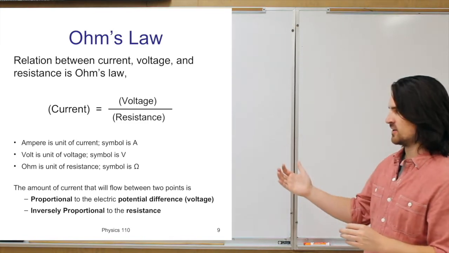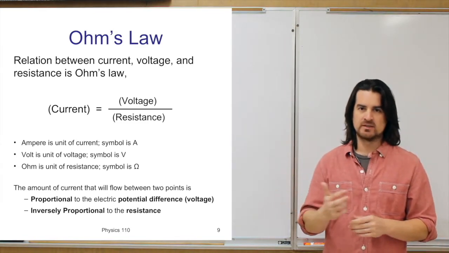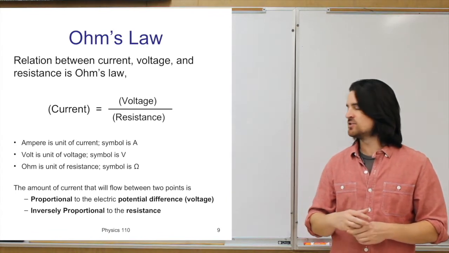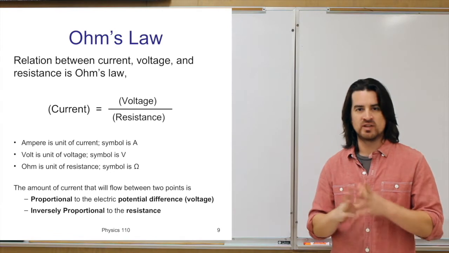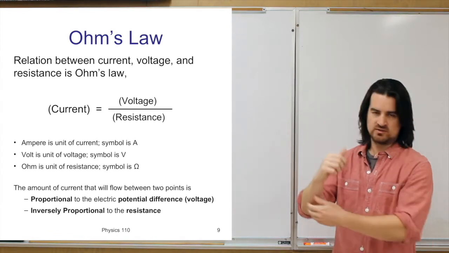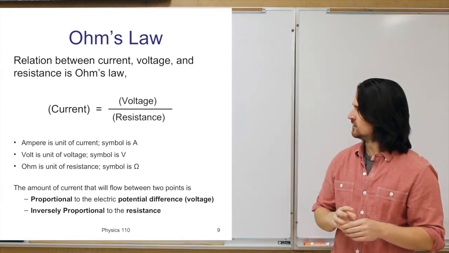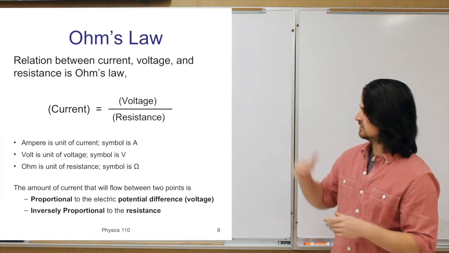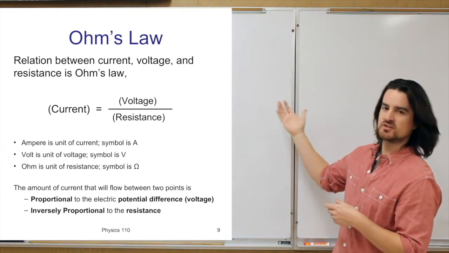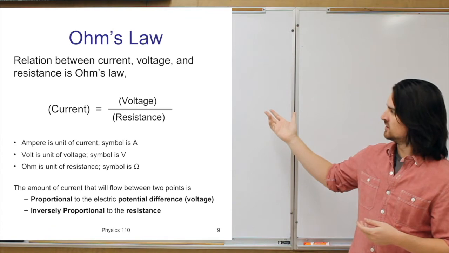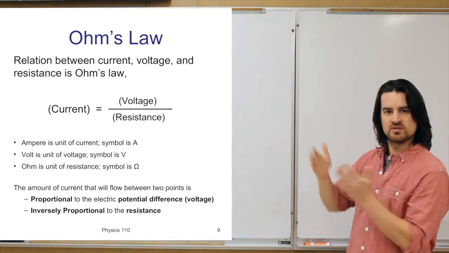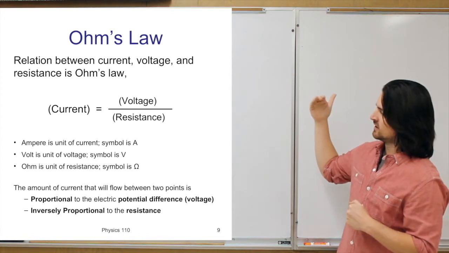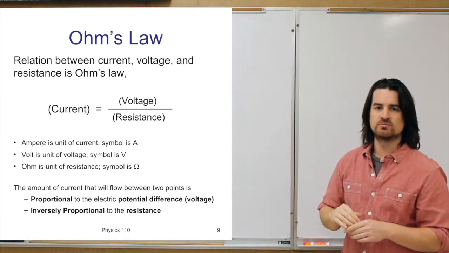And then we finally talked about electrical resistance a little bit. It turns out these three properties are related by what's called Ohm's law. The current that's going to flow in a circuit is proportional to the voltage, or the potential difference, in the circuit, and inversely proportional to the resistance in the circuit.